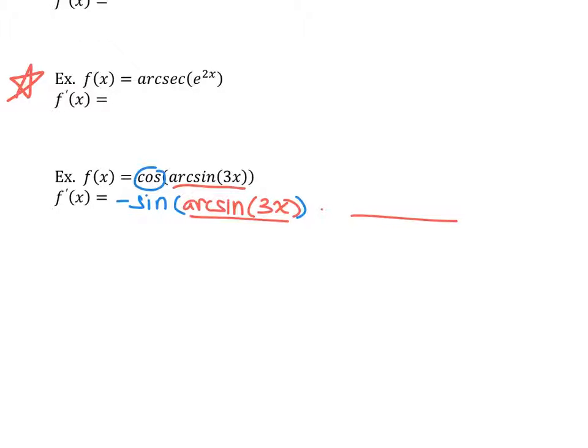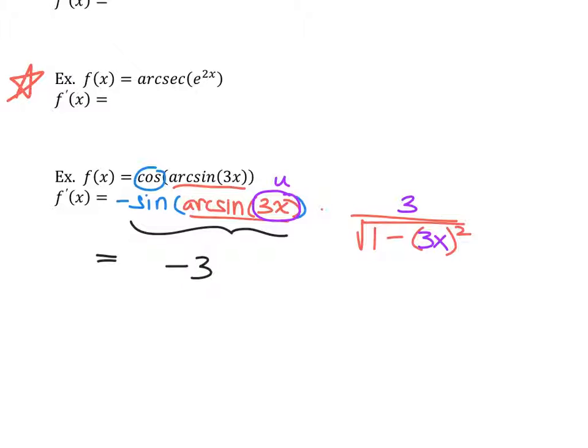So the u, that's this guy here, u prime would be 3 over the square root of 1 minus u squared. Again, 3x is the u. All right, little housekeeping. Sine of arc sine, they cancel out. So this whole piece here simplifies down to just a negative 3x.